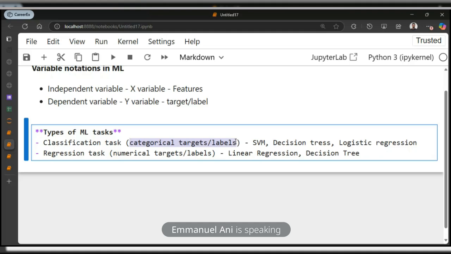All right. So I'm just going to use a data set we've used before as an example.